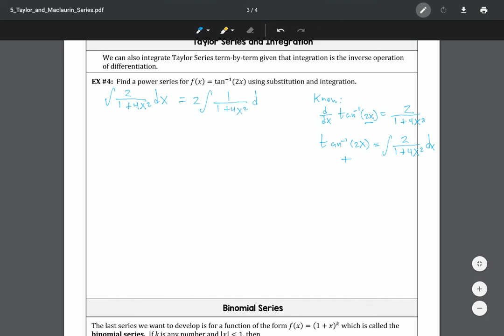And this is basically in a form that we can recognize. This is another power series. So I'm actually going to rewrite it like this.